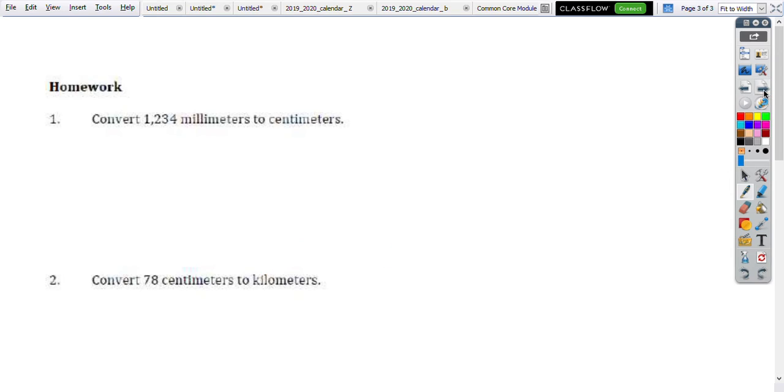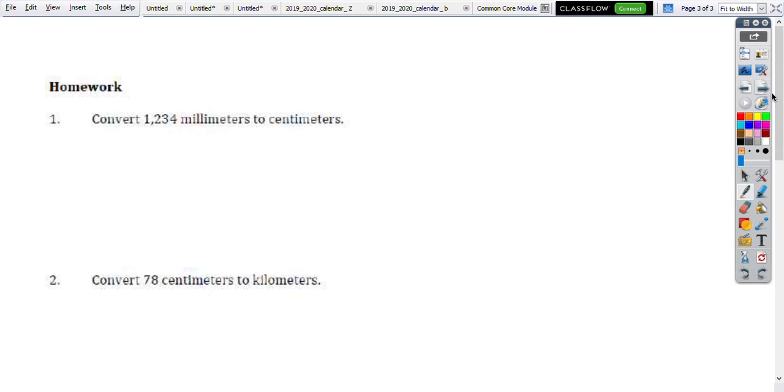All right. Here's your homework. Converting from millimeters to centimeters. So same thing here. You can either know the conversion from milli, which is 1,000, to centi, which is 100. What's the scale factor back and forth?